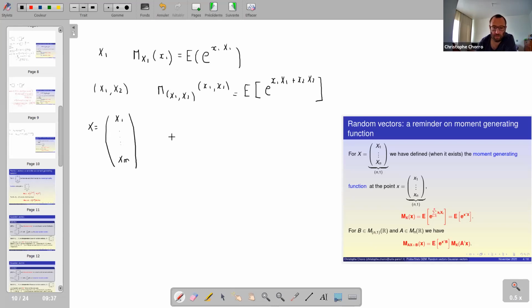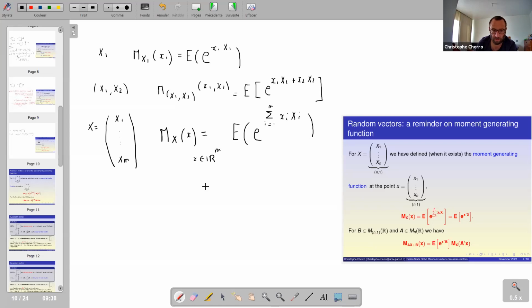I define the moment generating function of X at the point small x, where small x belongs to R to the power n, x1, x2, up to xn, by extension of this formula, as the expectation of the exponential of the sum from i equal to 1 to n of xi capital Xi.